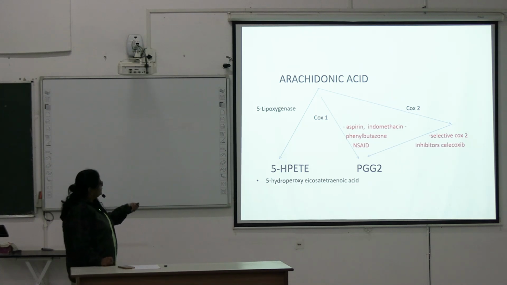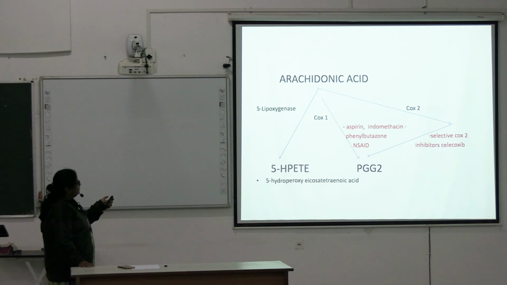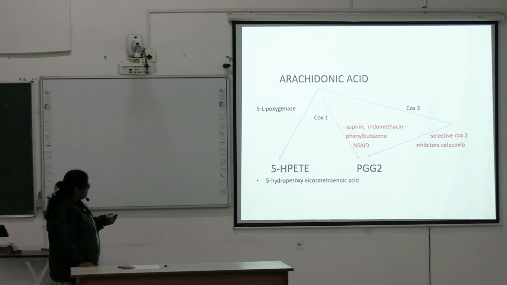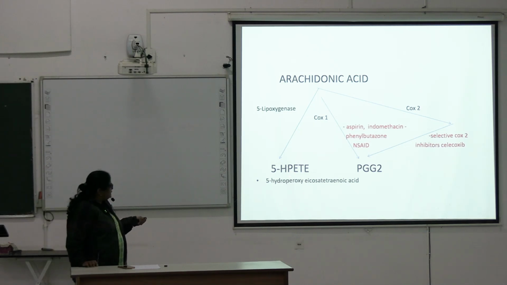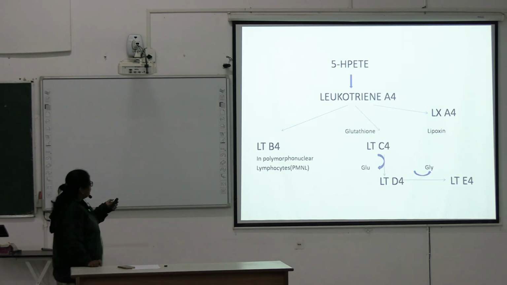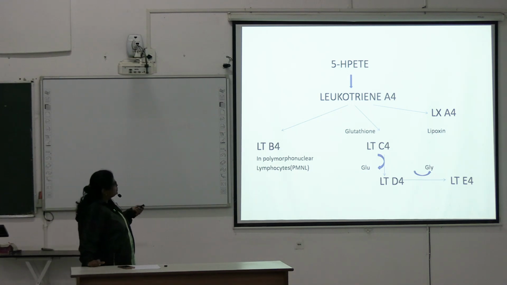Then the leukotriene pathway: by lipoxygenase, it converts to 5-hydroperoxy eicosatetraenoic acid. Tetraenoic means 4 double bonds, okay, and by cyclooxygenase, PGD2. Then in the leukotriene pathway, 5-hydroperoxy eicosatetraenoic acid is converted to leukotriene A4, which is converted to leukotriene B4, C4 and lipoxins.